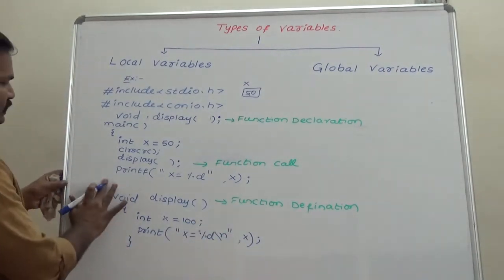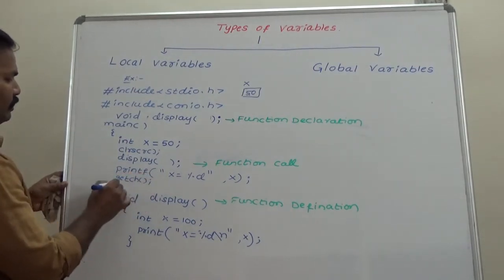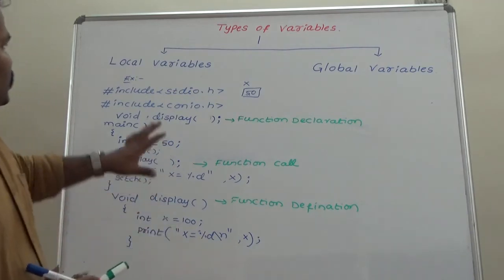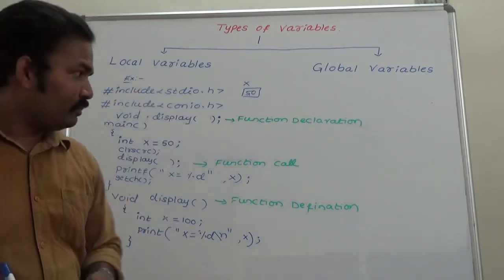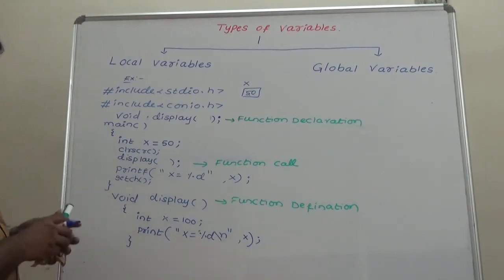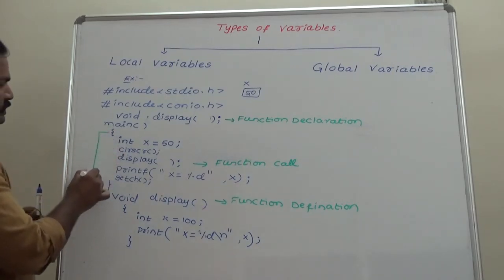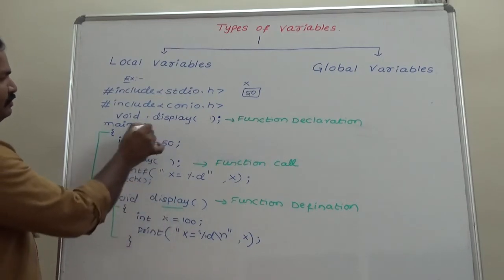Next one, getch function. Here, if you observe this program, how many functions are there? Two functions. In this program, it contains two functions, main function and display function.